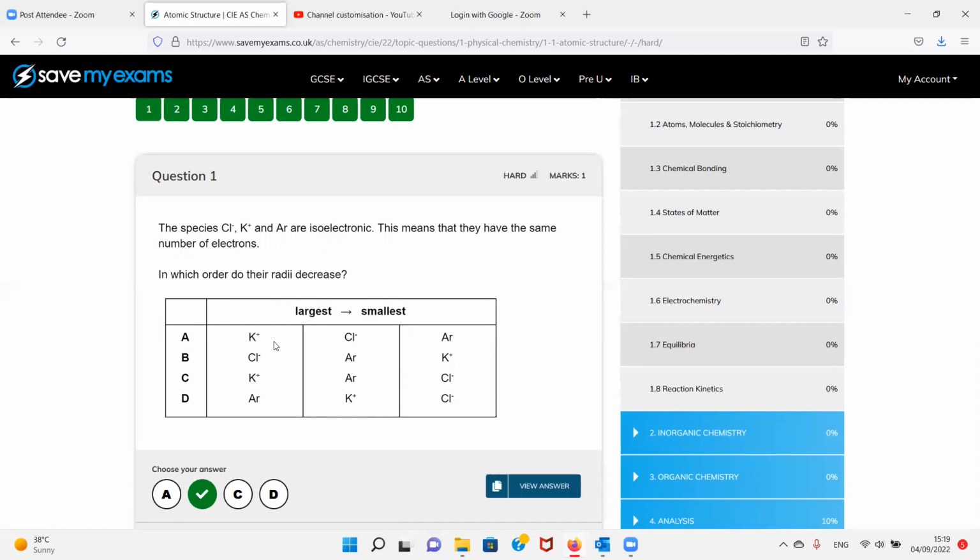And therefore, as the atom becomes more positively charged, this will make the atom get smaller because the electrons will be attracted more towards the nucleus. So the largest here is Cl minus because it has an extra negative charge, then the neutral argon, then the potassium ion, which is the smallest because of the presence of the positive charge, since the number of electrons is not playing a role here.